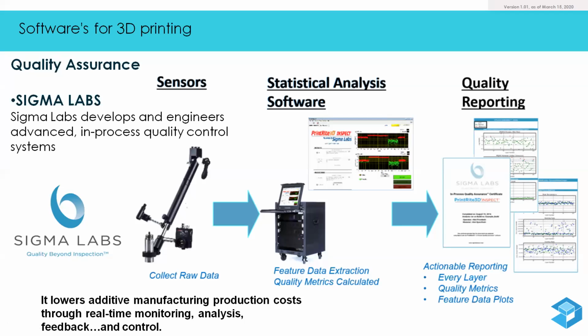As I've explained, each slice, each layer, you can get to know what is happening in each printing process. Is it in an optimized way? You can reduce the production cost and do very good real-time monitoring and analysis, and get very good feedback from the software using such quality assurance softwares that are provided by Sigma Labs.